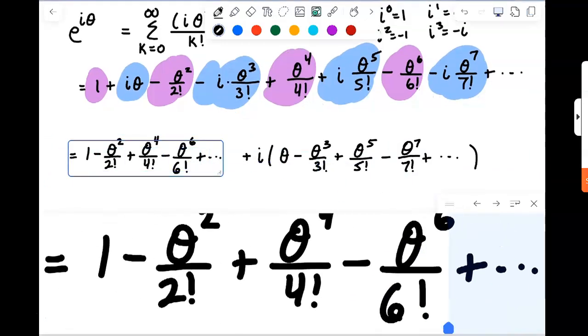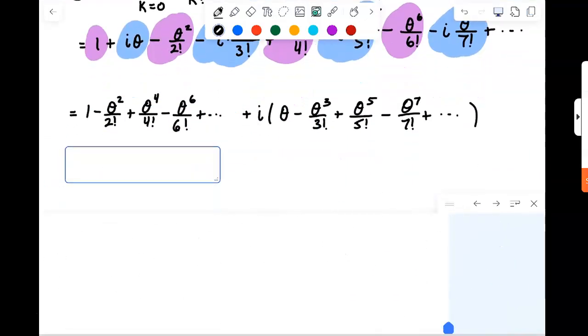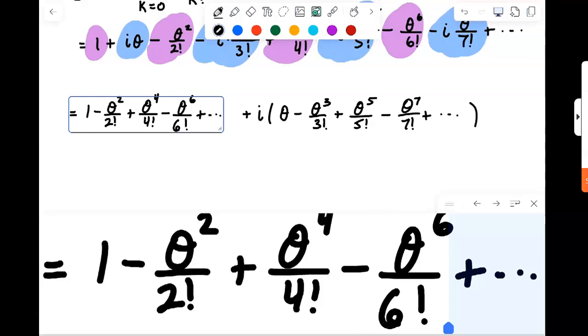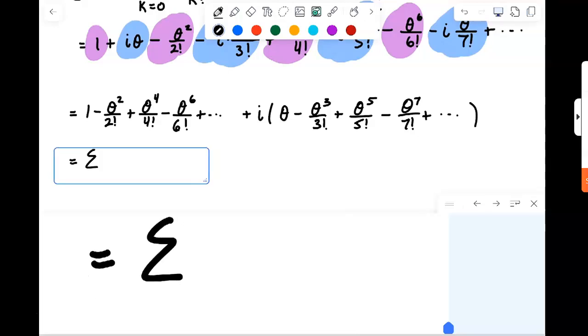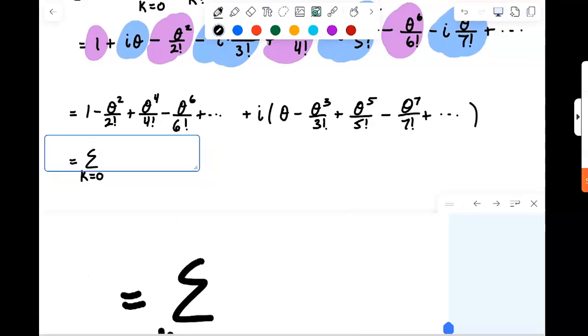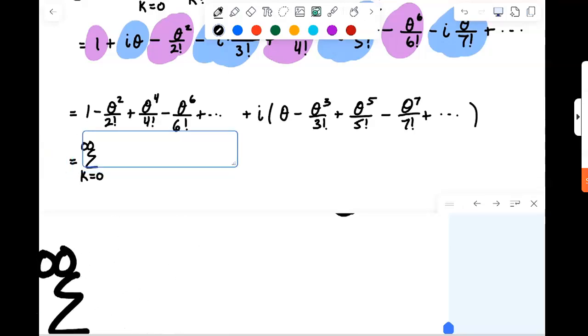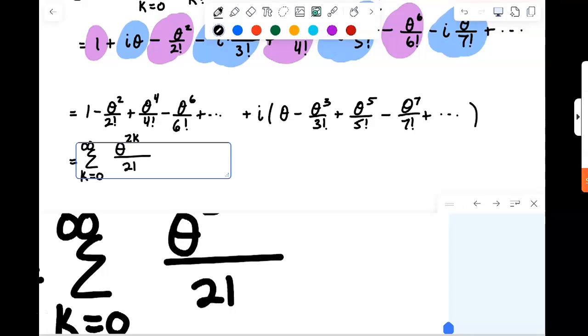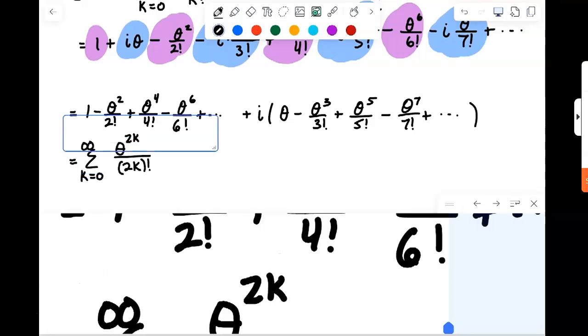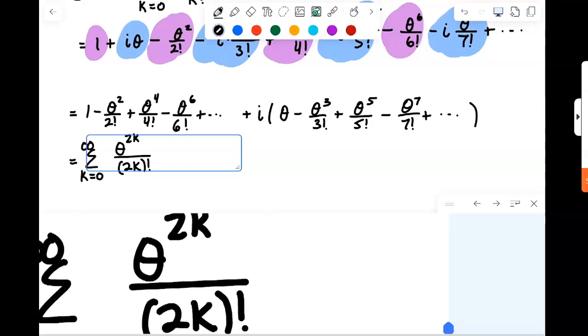So we can write this as a sum. And when we do, I'm hoping the sum might be a little familiar. This would be the sum as k goes from 0 to infinity of theta raised to the 2k power over 2k factorial, and then we've got to deal with the alternating sign.